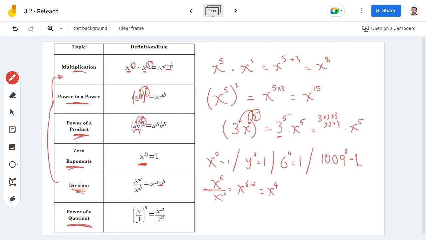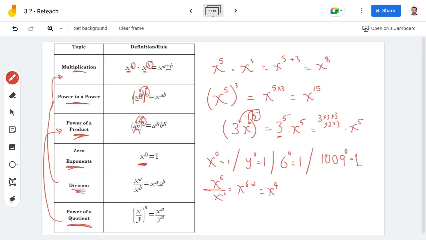The power of a quotient is very similar to the power of a product. In the power of a product, we have two numbers or a variable and a number, multiplied, and we distribute the power.